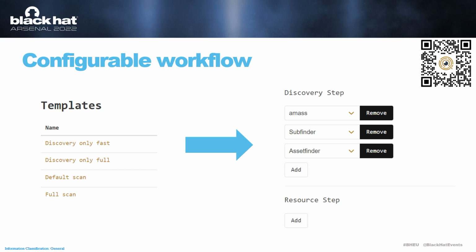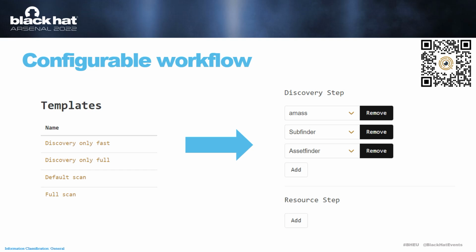For example, Amass, Subfinder, Assetfinder, they produce resource entities that can be scanned with another tool. You can create your own workflows for scanning, searching, finding vulnerabilities in this or that resource.